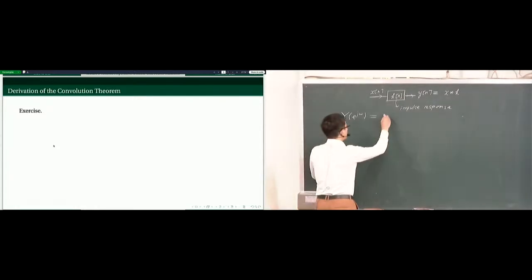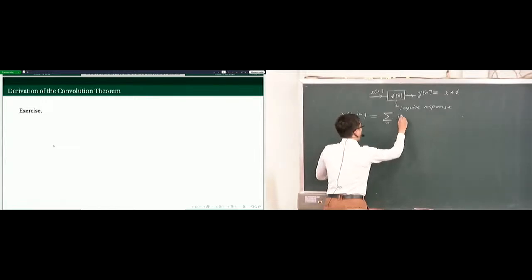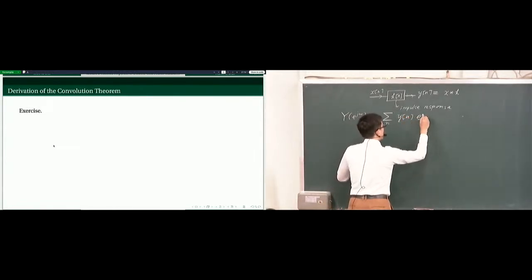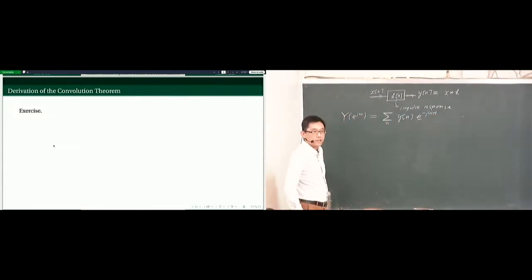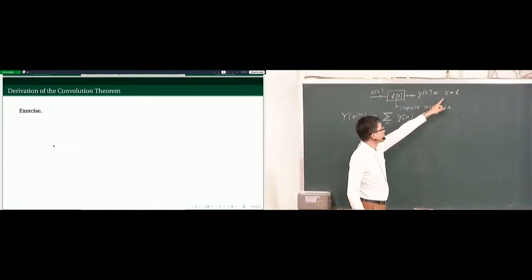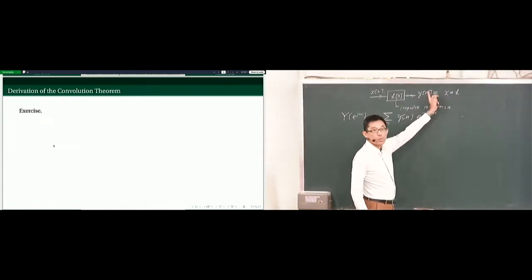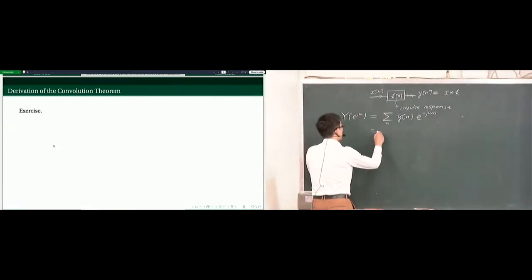So by definition, it should be equal to the summation over n of y[n] e^{-jωn}. But then what is y[n]? Suppose that y is x convolve with h.